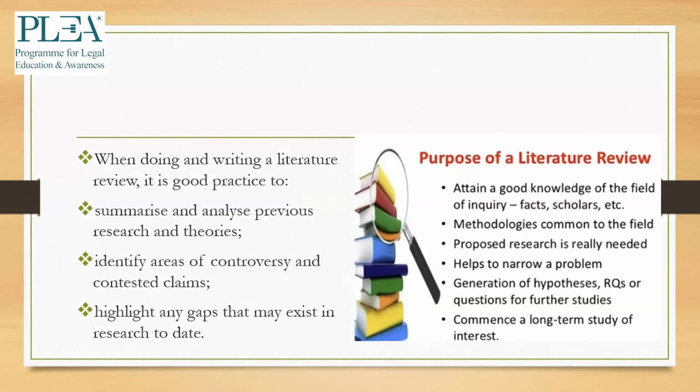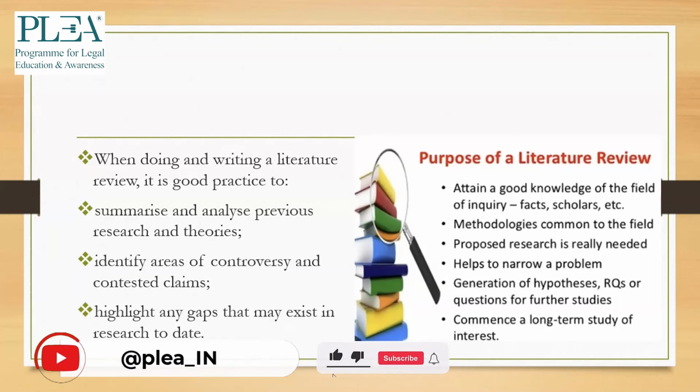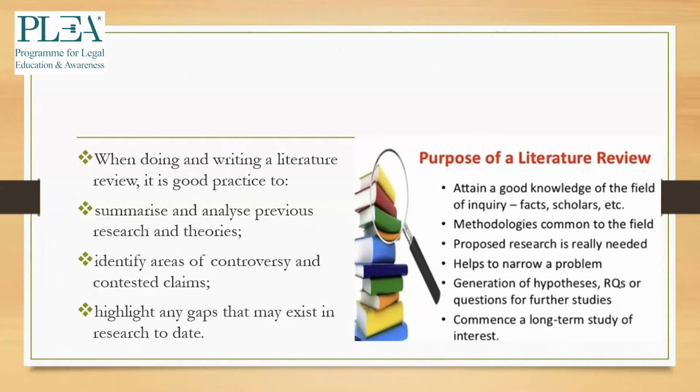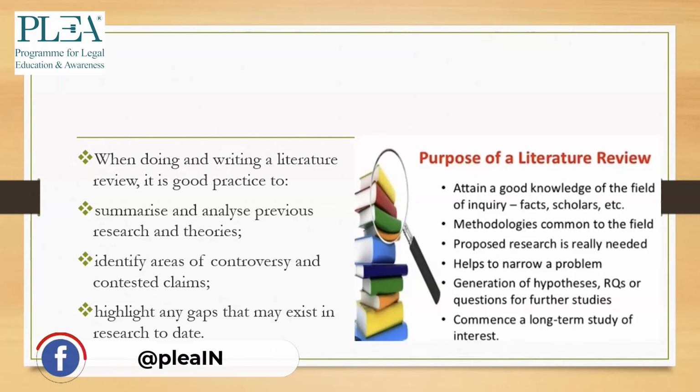Identifying areas of controversy and contested claims, positive and negative aspects. Points of controversy: the way we have to highlight even when we go for moot courts. Don't we do that? Issues from both sides, plaintiff and defendant, the prosecutor side and the criminal defense side.